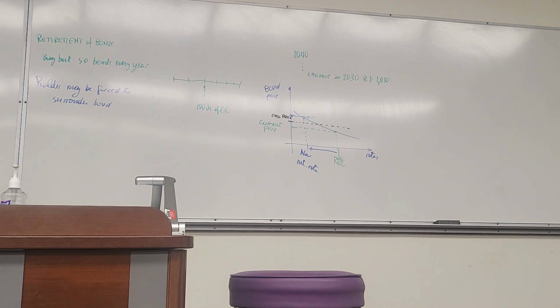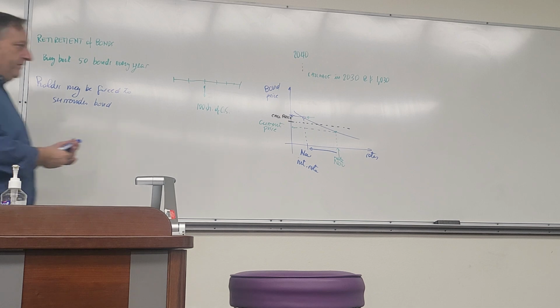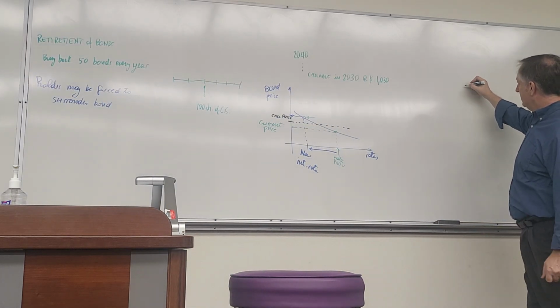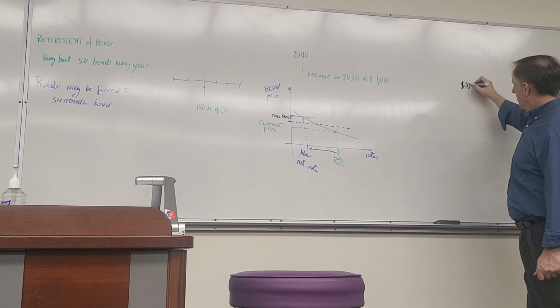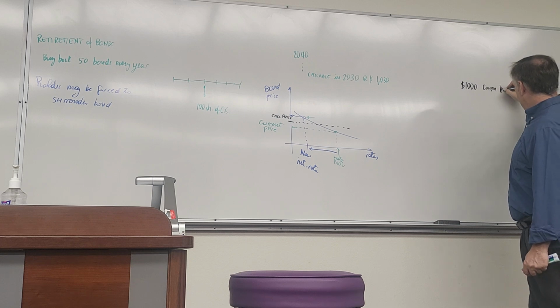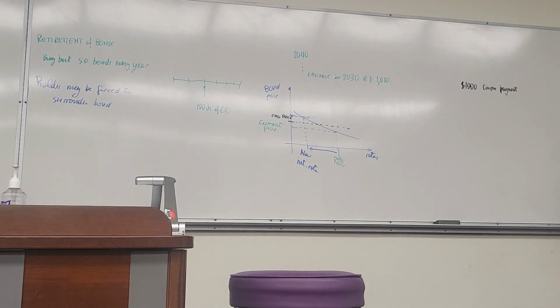Now, clearly, this was a silly example, but the more likely scenario is where you have the firm that has, say, a $1,000 coupon payment to an existing set of bondholders.